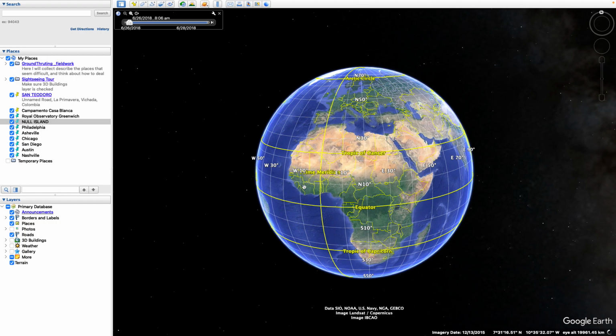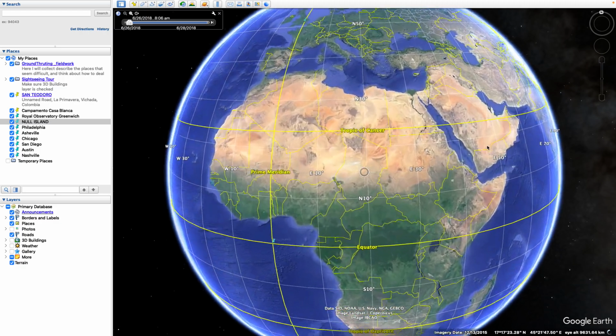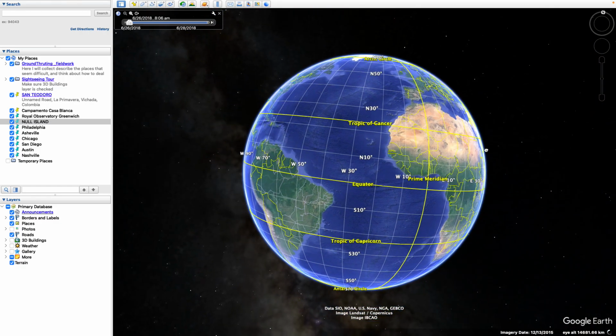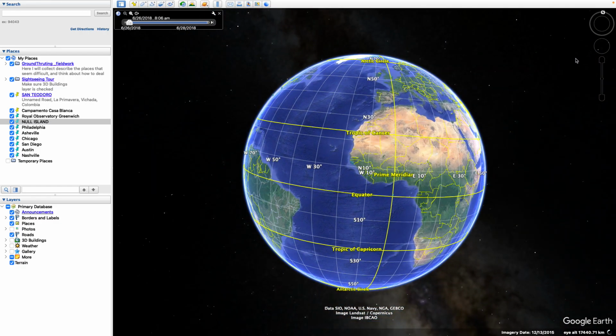Latitude are the distances towards south and north, and longitude are west and east. Because we are on a sphere, the units are expressed in degrees. 360 degrees are in a sphere, 180 degrees are half a sphere.